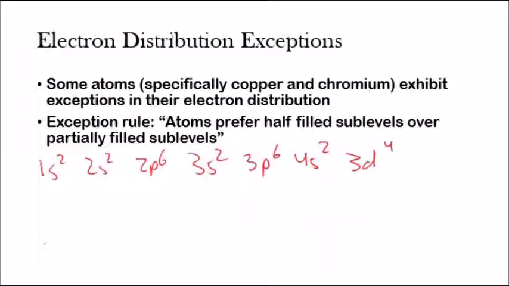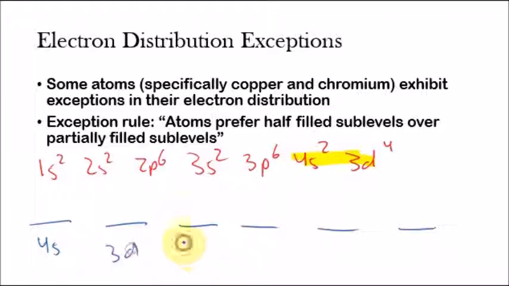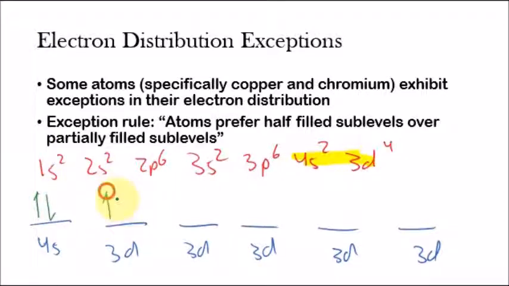So let's look at the electron distribution to better understand this. We have 1 4s orbital, and then we have 5 3d orbitals. And the electrons will be distributed like this. So 2 here, and then 1, 2, 3, 4. Here we have a filled sublevel for the 4s, and then we also have a partially filled sublevel because this orbital does not have any electrons.